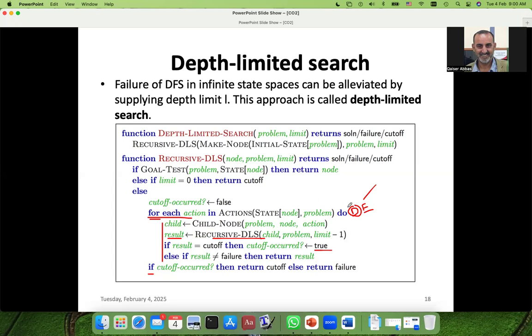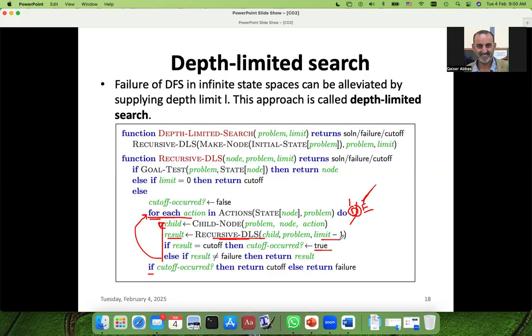So now this loop for D is finished. E is remaining. So after this, we will go again to this loop. D is finished, E is remaining. So this loop will execute for E. And here the child is E. And we are calling DLS again with limit.